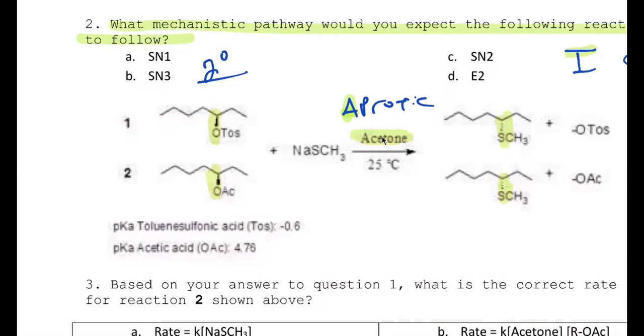They both come in from the back. It's inverted, right? It's two separate reactions, by the way. If you notice, you've got two different leaving groups over here. You've got a tosylate and you've got an acetate. So it's two different reactions. But what you said is true, they're both inverted.